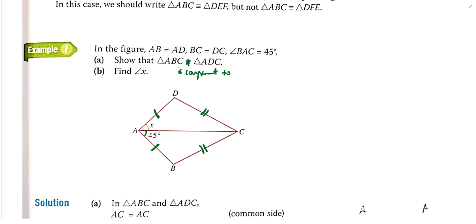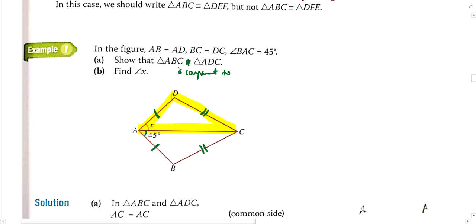I will still draw them out separately because I want to get rid of all the other unnecessary information. So ABC is already here, ADC is also here. I can choose to draw either ABC or ADC. In this case, I want to keep this triangle. I am going to redraw the triangle at the bottom, which is ABC.